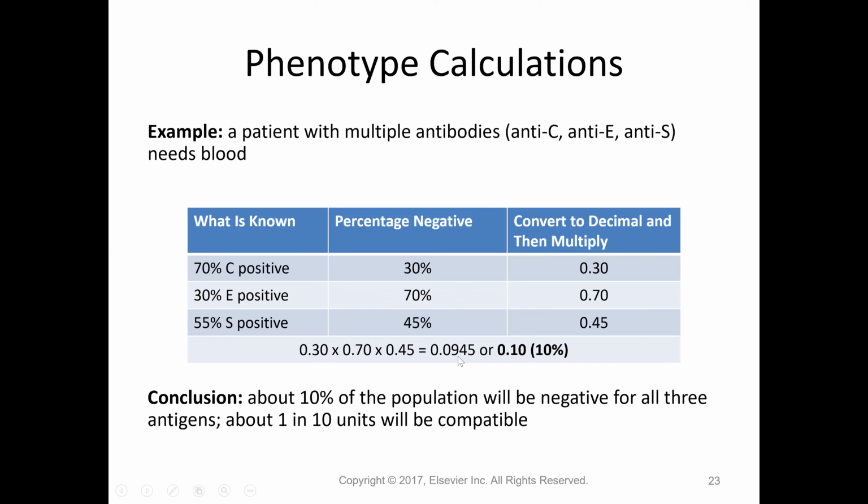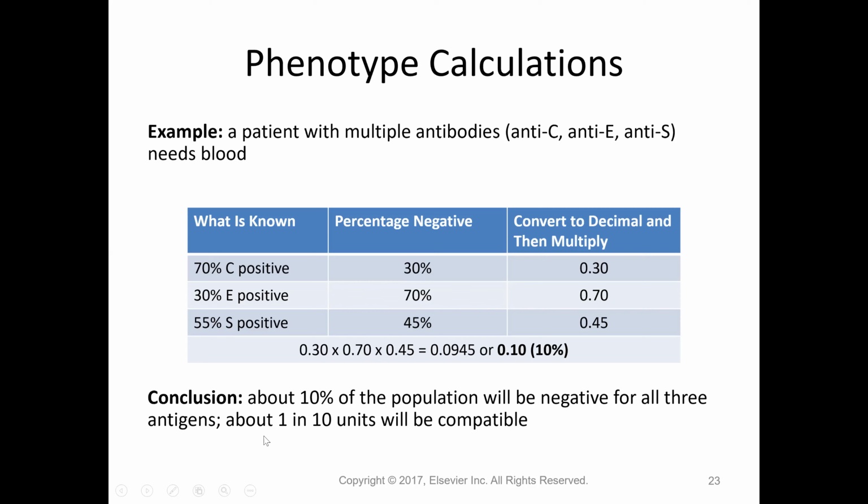In this instance, it comes out to 0.0945, which they rounded to 0.1. What's 0.10 in a percentage? 10%. So about 10% of blood will be negative for all of their antibodies.